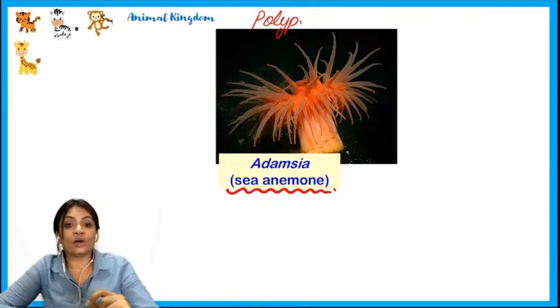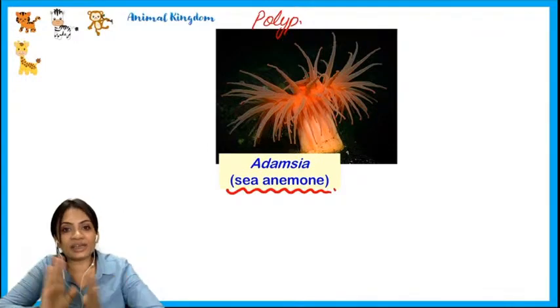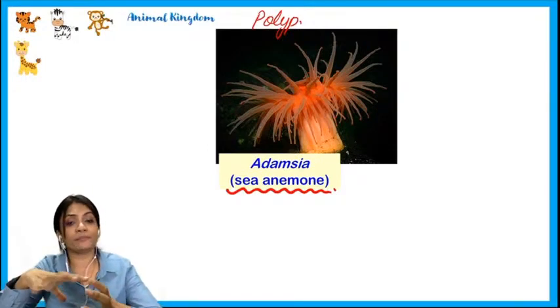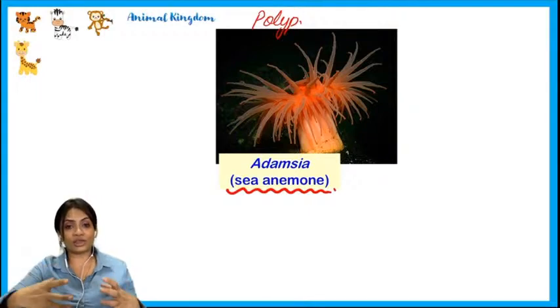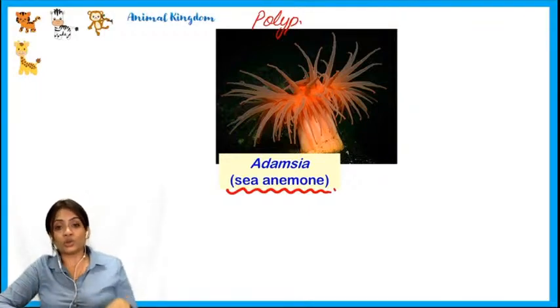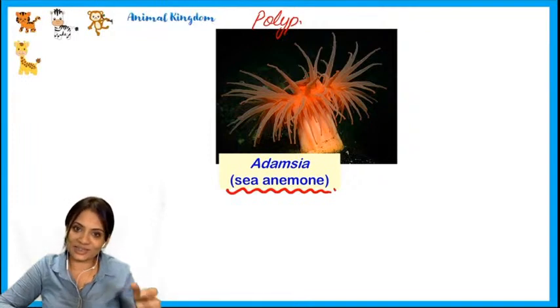Now, we see here that sometimes this Adamsia is living in an environment where there are no animals, or there's nothing for it to be feeding on. There are no planktons, there's nothing around. So now what does it have to do? Doesn't it have to relocate so that it can go to an area where it has more food?